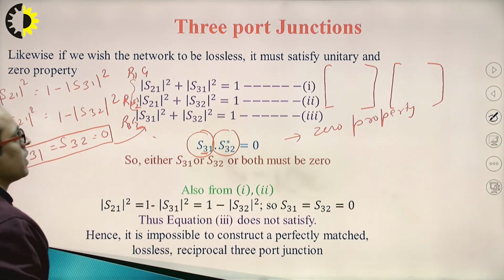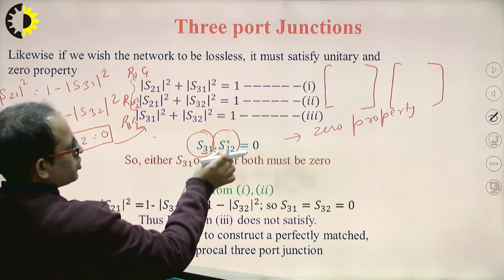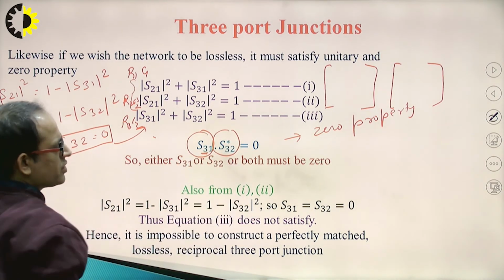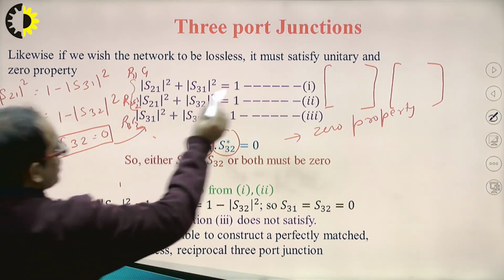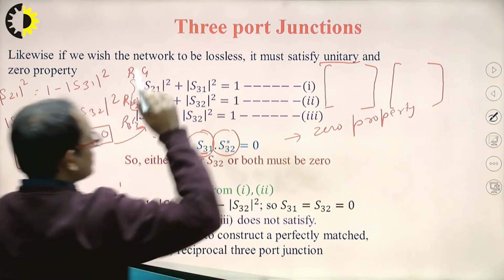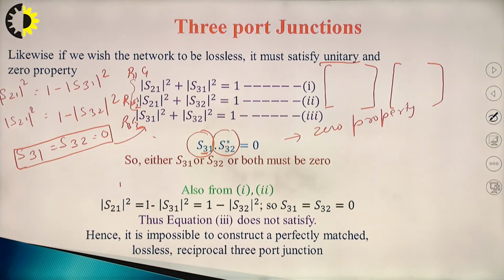Clear? Plus S31 dot conjugate of S32 will always be equal to 0. This is a property of the S matrix, or zero property. It must satisfy the unitary and the zero property because the network is lossless.